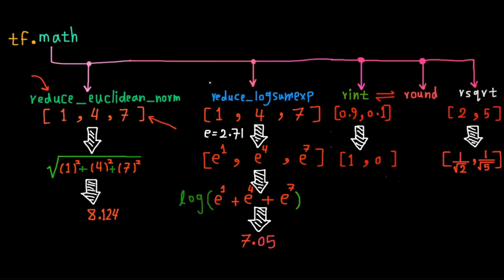This function will compute the square root of the sum of the squares of the elements in this dimension. So 1 squared plus 4 squared plus 7 squared, and we will take the square root of the final result.